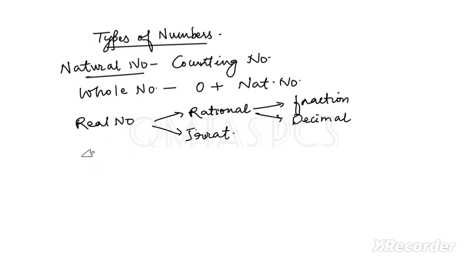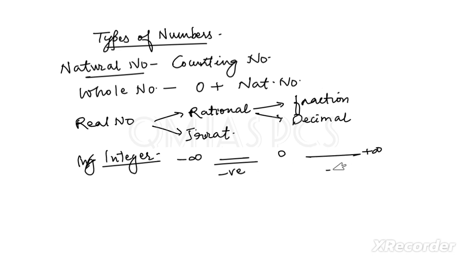Then integers. You know what integers are? They run from minus infinity to plus infinity. Here is 0. These are negative integers, these are positive integers, and this is neutral, neither positive nor negative.